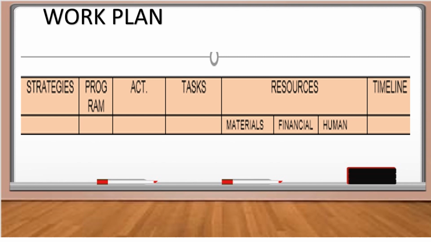We have the strategies, so program, activities, tasks, then we have the resources. Under this, you must include the materials that you use in your study, financial, the human or who are the persons involved, and the timeline.